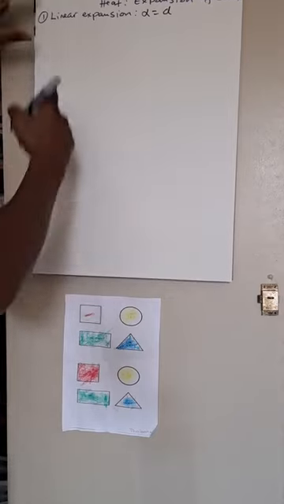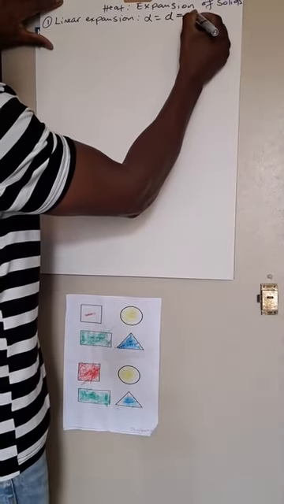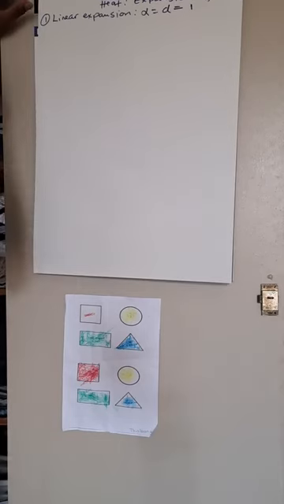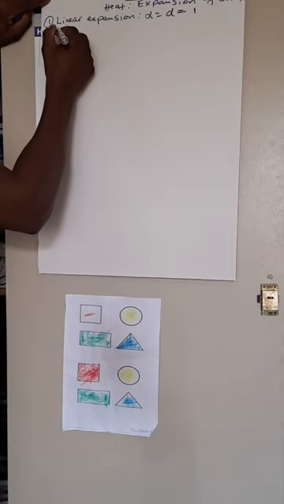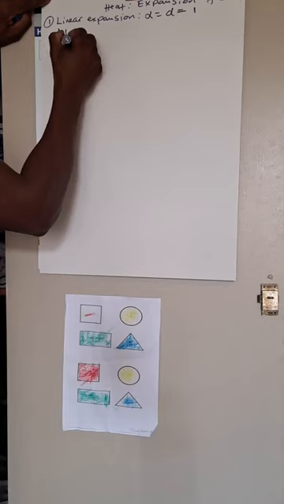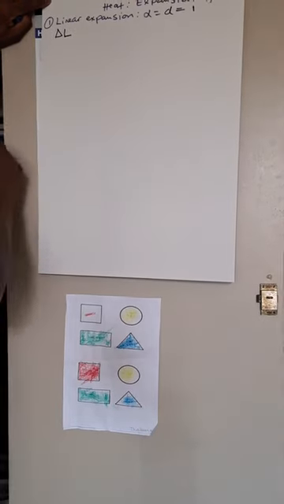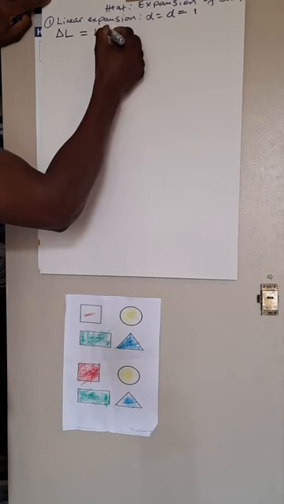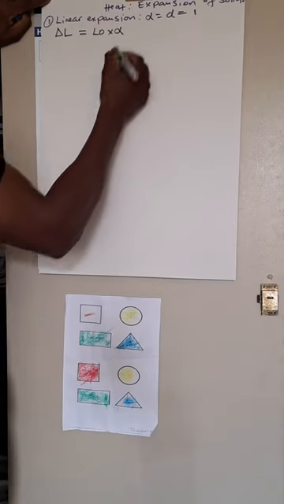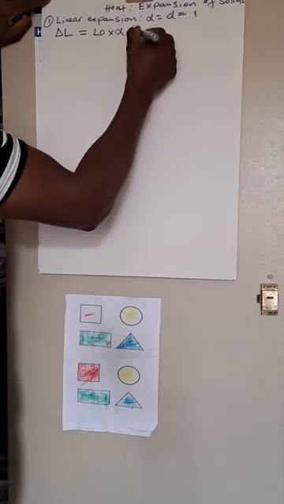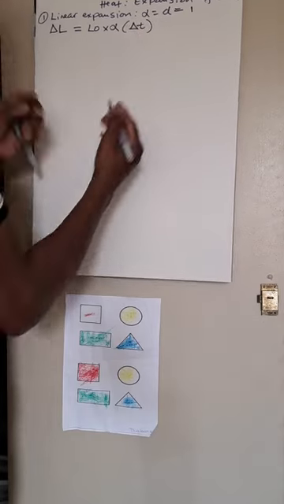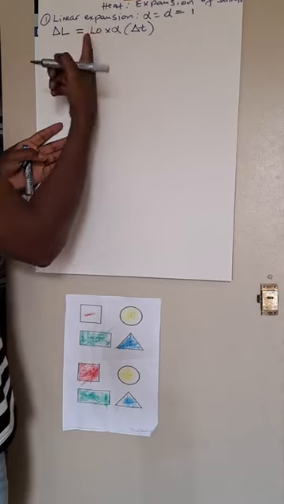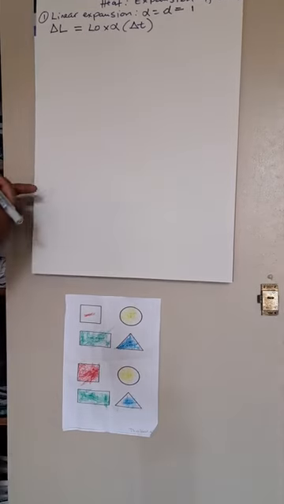In practice, our alpha has a constant ratio of 1. For linear expansion, the second thing you need to remember, when you calculate our change in length under linear conditions, we say delta L equals our original length times our coefficient of linear expansion times delta T, where delta T is our change in temperature and L0 is our original length.